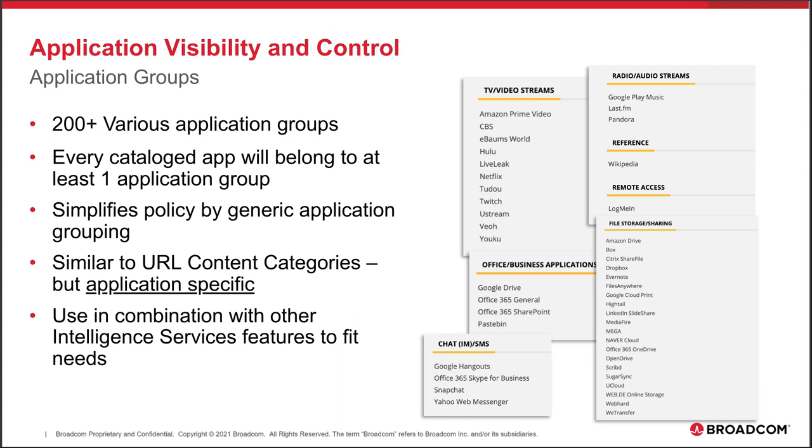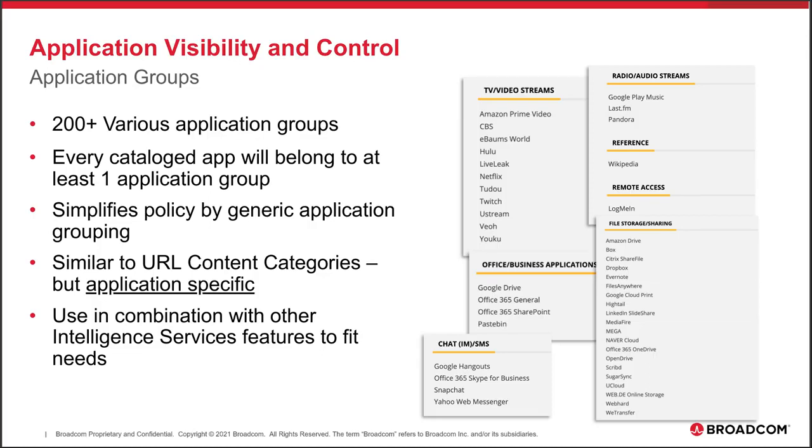And as I said, that sounds like, why not just use content categories, right? But they're inherently different, because for URL content categories, the entire point of that feature set is to take every URL that we can find on the entire web, whether it be an app or not, and shoehorn it into a large bucket that we call a content category.